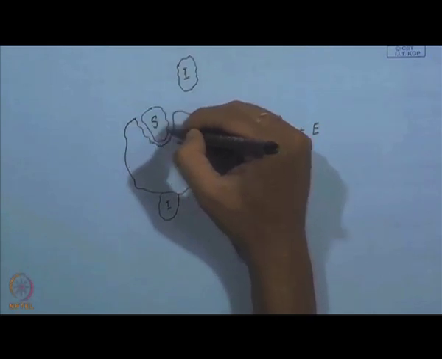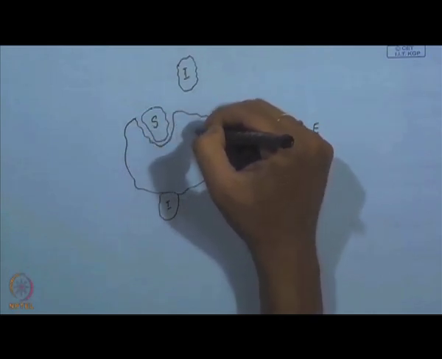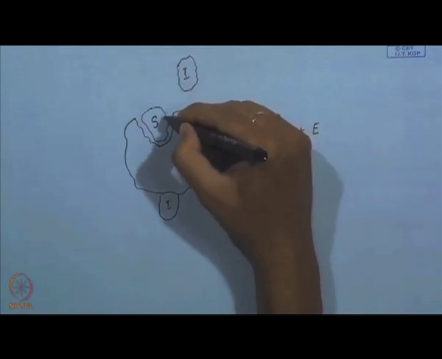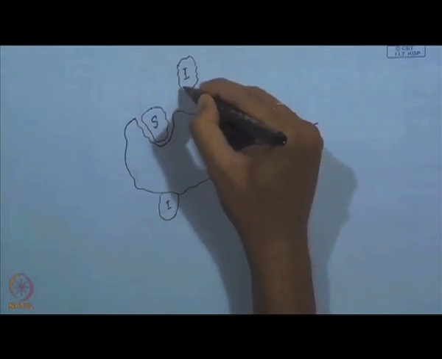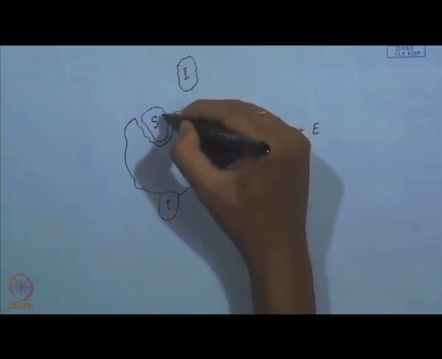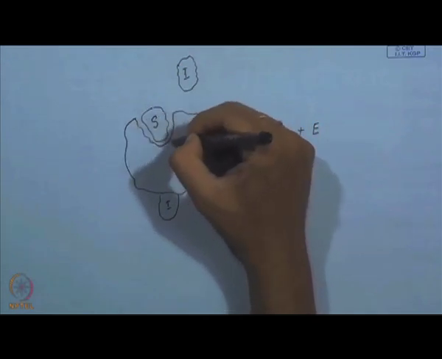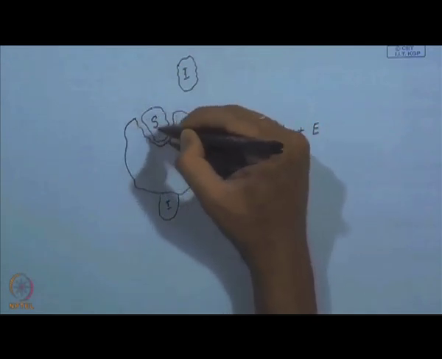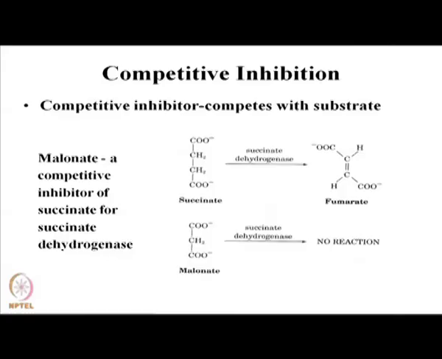Since they have structural resemblance, it is difficult for the enzyme to discriminate between these two, and as a result it is said that these two compete for the same active site.